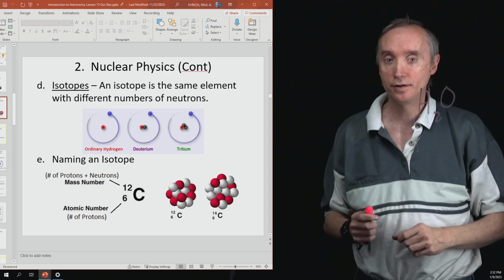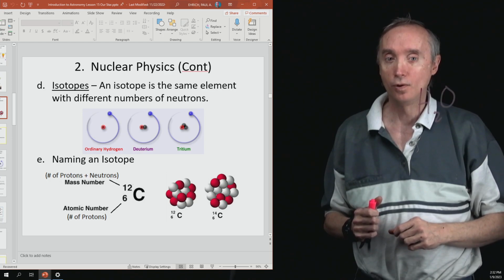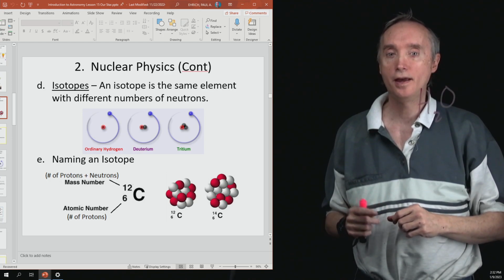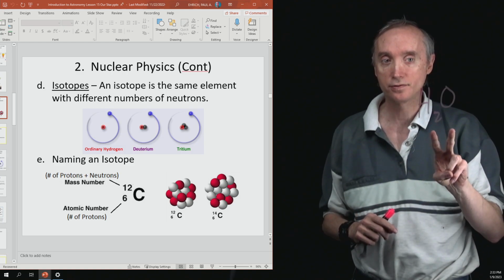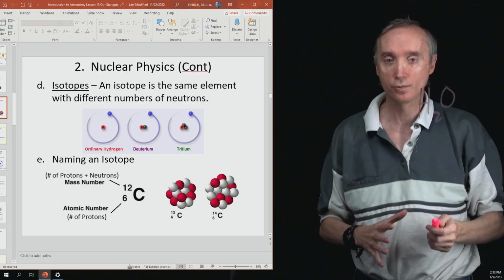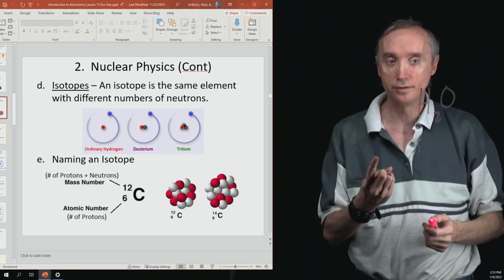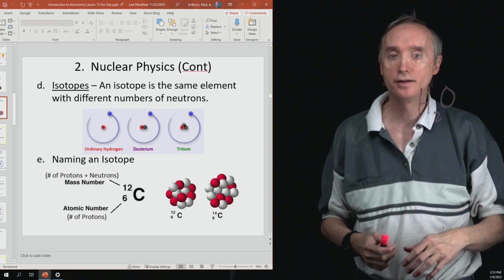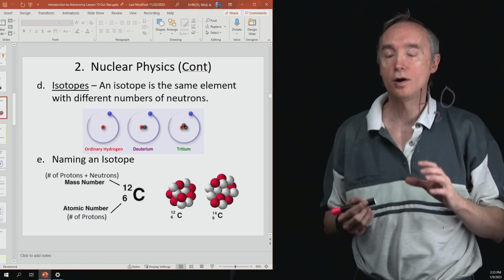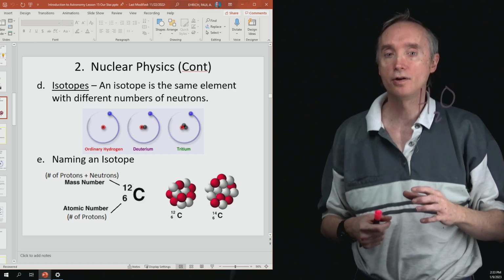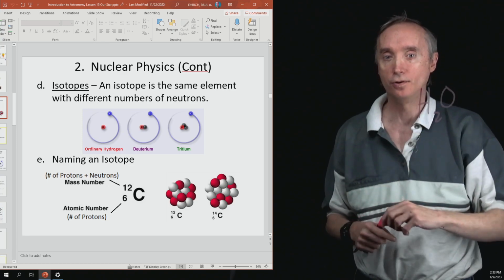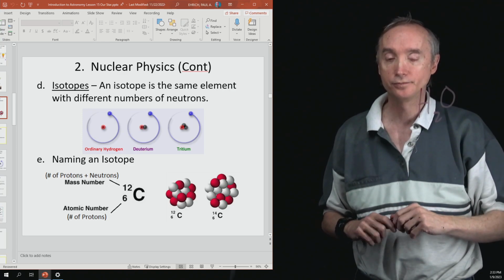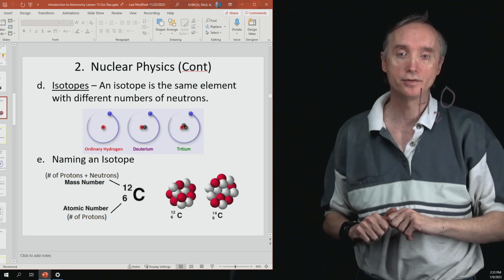So how are they going to be different? Okay, one of them is going to be heavier because it's got two particles in its nucleus as opposed to the other one, which only had one. So the water that had the deuterium, we're going to call that heavy water because it has a heavy isotope inside of it. So that's how you could tell the difference between the two.